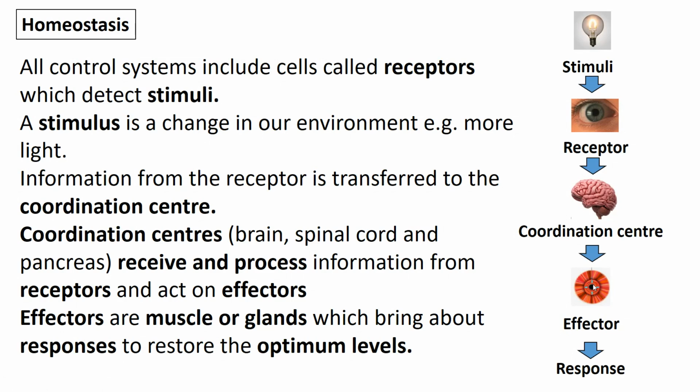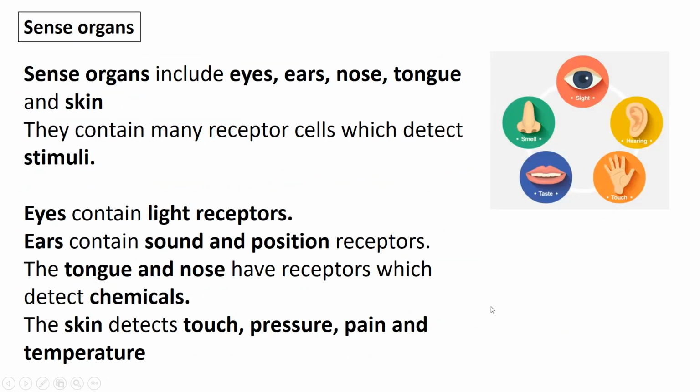So the effector then will bring about the overall response. That's how your body reacts or responds to that stimulus, and that restores the optimum levels. So all homeostasis pathways follow this main pathway of events. It just really depends if you're looking at the nervous system or the endocrine system on what happens at each stage.